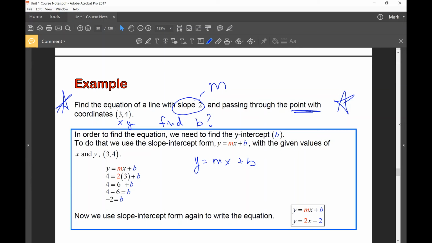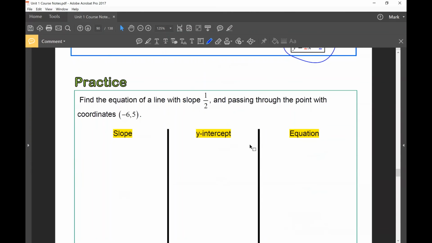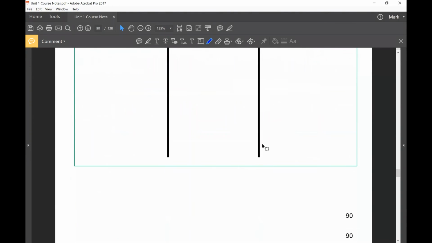We're going to do some practice with this in a minute. To find b, I use this equation and solve for b, which you can see right here. So my answer is written here. Let me show you how this works.